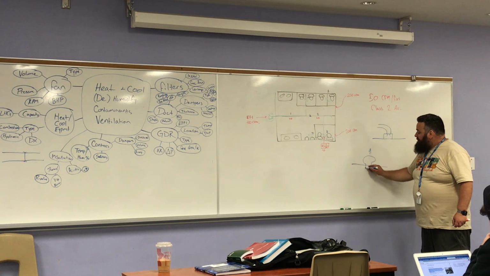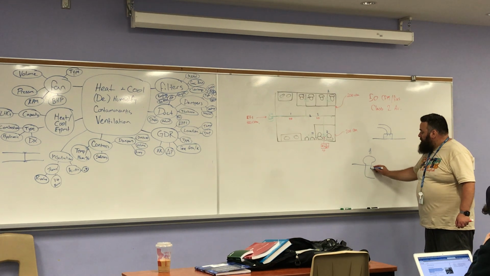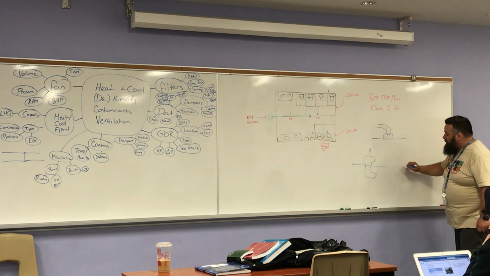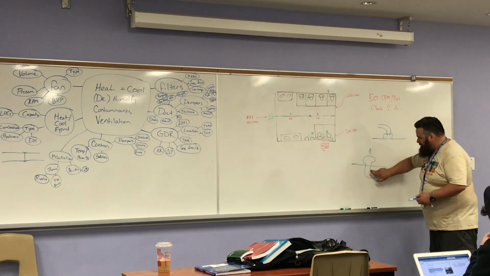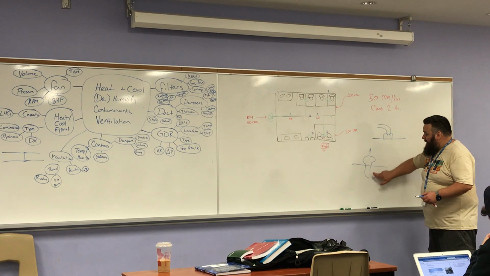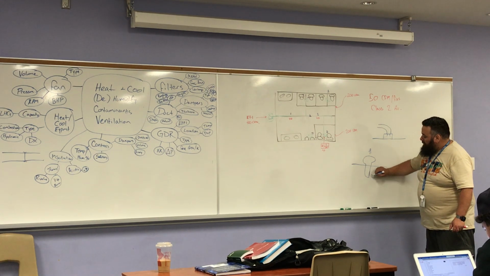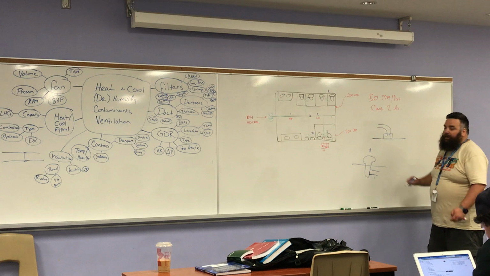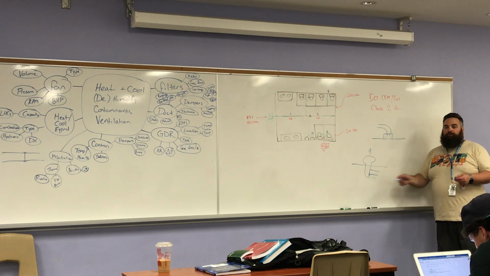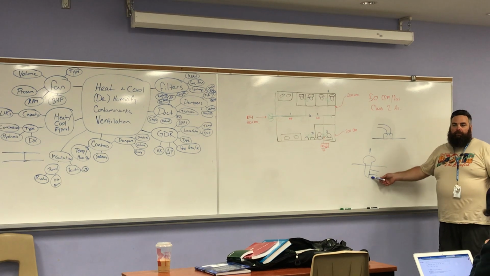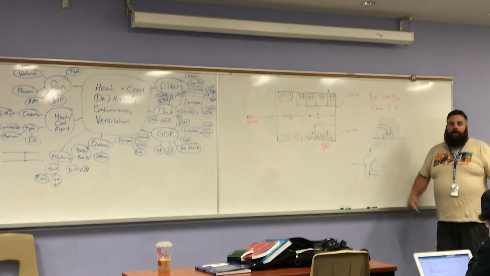I can just have this as an elbow that goes to my duct, or I can just have a box that goes straight down and then tap my duct in it. That's a cheaper way of doing it, because fittings aren't exactly cheap, okay? But that's a much higher pressure drop.